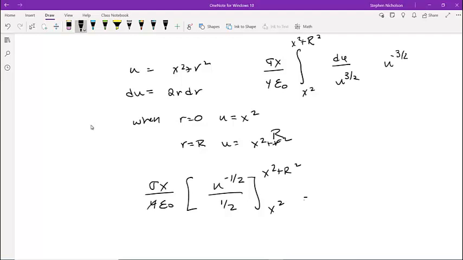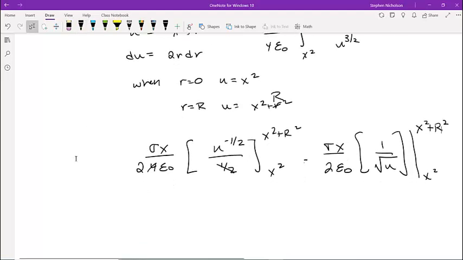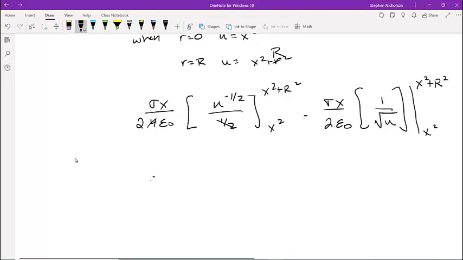We'll cancel that out with that, so we're left with 2. So we'll have sigma x over 2 epsilon 0 times 1 over the square root of u, and we evaluate that between x squared and x squared plus R squared. And finally, we plug in the limits.